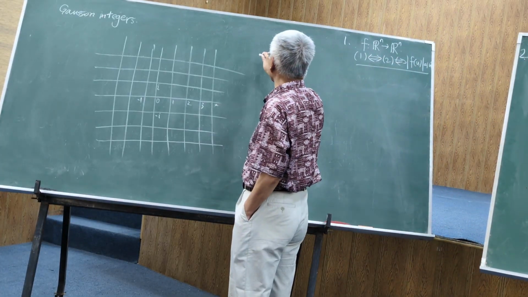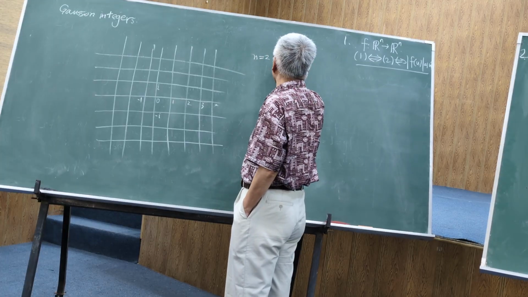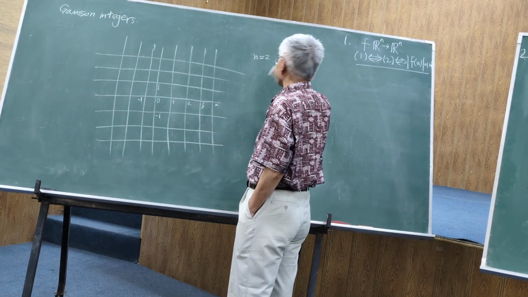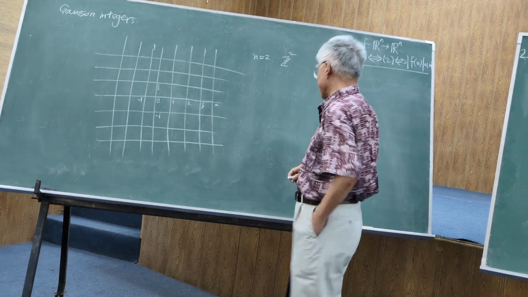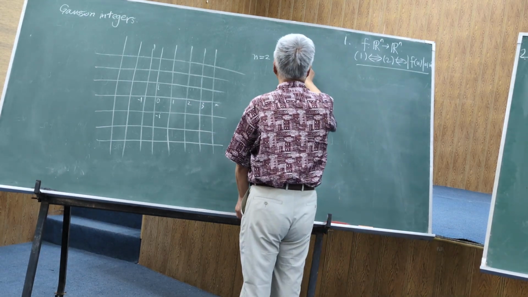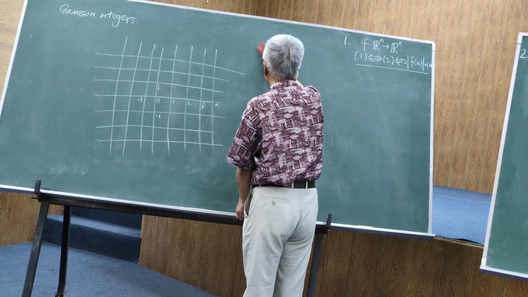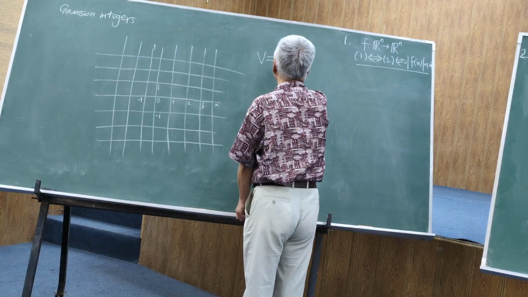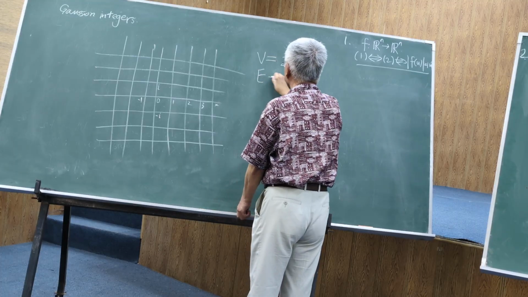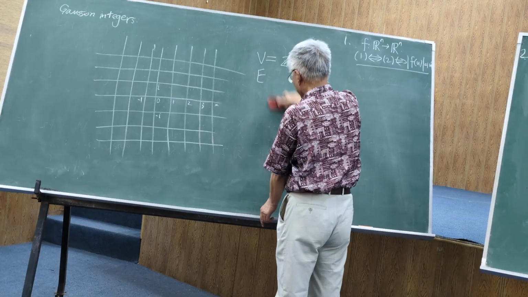This metric space is defined by, now we only have n equal to 2, so Z squared is the vertex set for this graph. And the edges are given by all unit vectors.